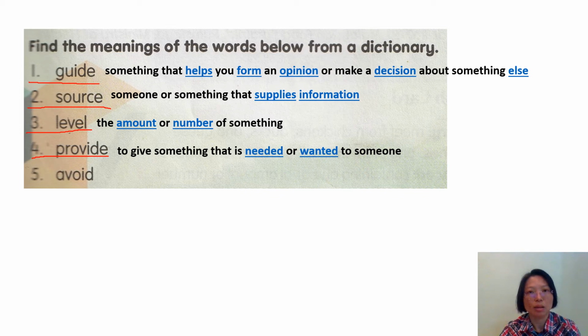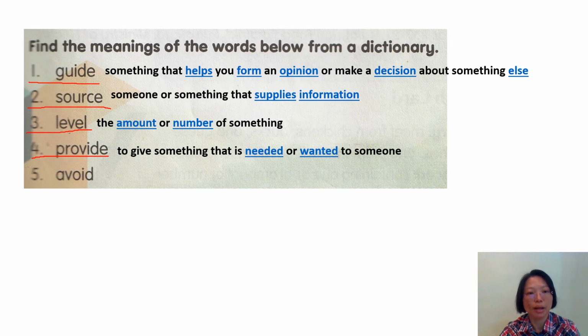Meaning that if you say you provide food for your family, it means that you give food to your family, or you provide some money to the poor family. So you give some money to the poor family who needs the money. So this is what we call provide. Provide means to give something to someone who needs our help.